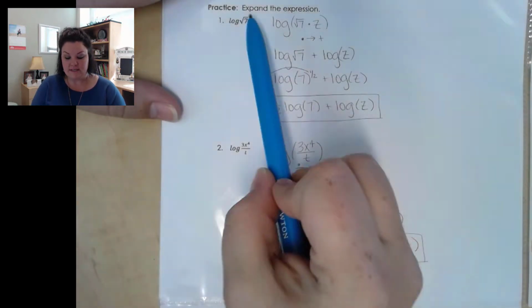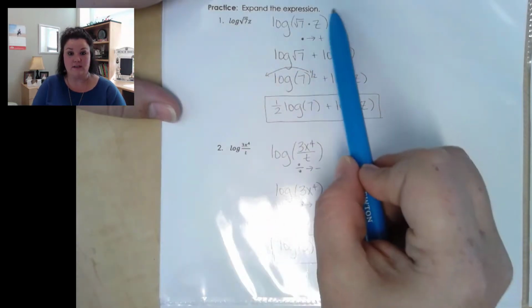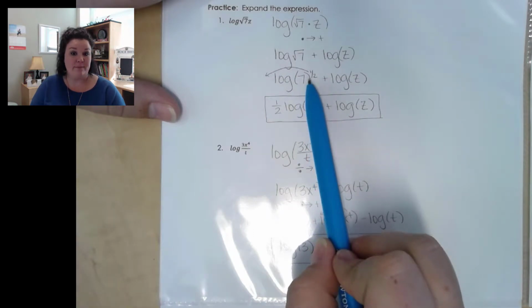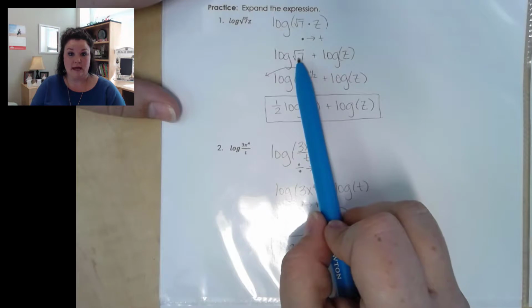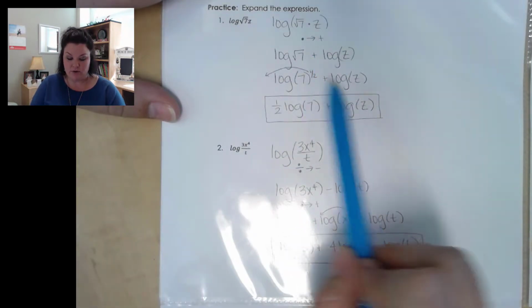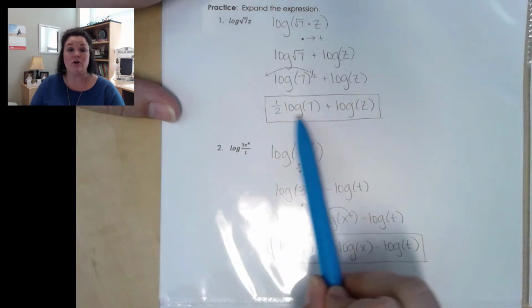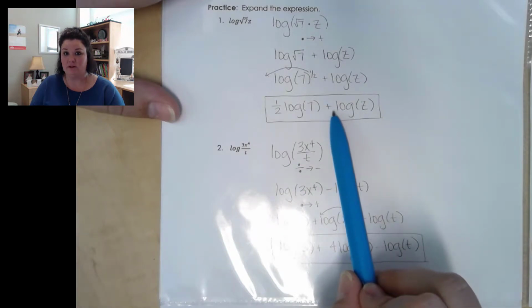Notice the root is only on the 7. So we can't work this one like the example that I did where it was the whole thing raised to the 1/2 power. Okay, only the 7 has the 1/2 power because only the 7 is underneath the radical. Once you expand that multiplication, then you can bring that 1/2 power down in front of the log 7 term only. So this one should not have a 1/2 in front of it.